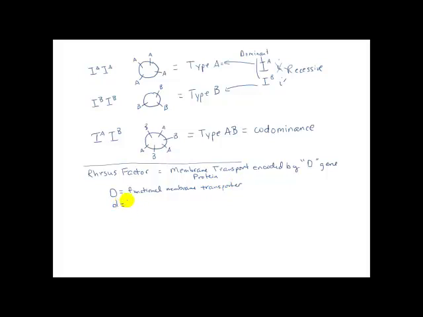And the lowercase allele encodes actually no protein at all, so not present. So it's a non-functional protein that never gets inserted into the membrane. So we don't get any membrane transport protein inserted.